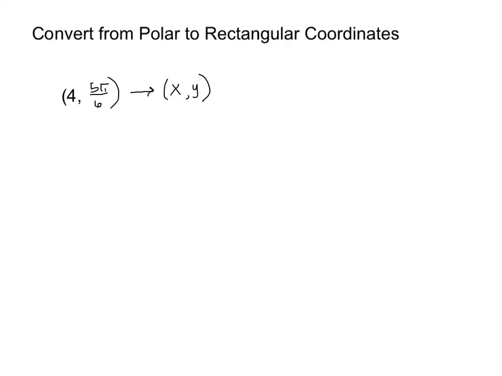Okay, the last thing we want to do is learn how to convert from polar coordinates to rectangular coordinates. And our example is 4, 5 pi over 6, and that's written in polar coordinates. And I want to convert that to rectangular. So I'm just going to draw a quick sketch to kind of give me an idea of where that is. So here's 5 pi over 6, and I'm going to go out 4.